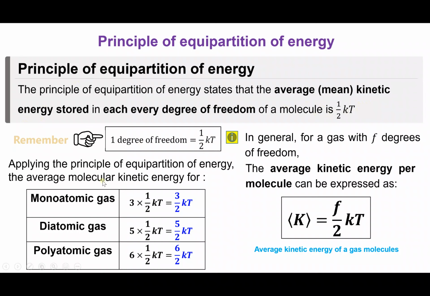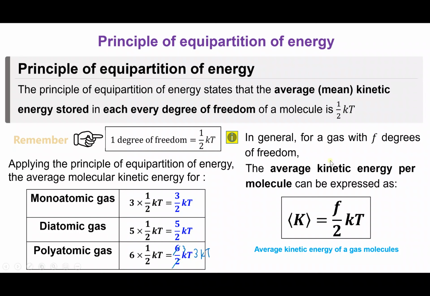So remember 1 degree of freedom, gas molecules will store the kinetic energy which is half kT. So applying the principle of equipartition energy, that's why lah kita ada average kinetic energy untuk gas molecules. Kalau monoatomic you ada 3/2 kT, kalau diatomic you ada 5/2 kT, kalau poly you ada 6/2 kT, so you akan end up dengan, you akan crosskan, so you akan ada 3 kT basically. Okay, sebab kita potong lah.